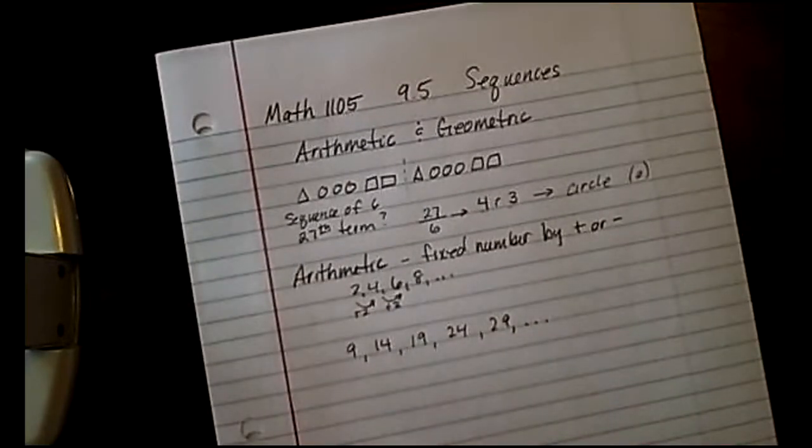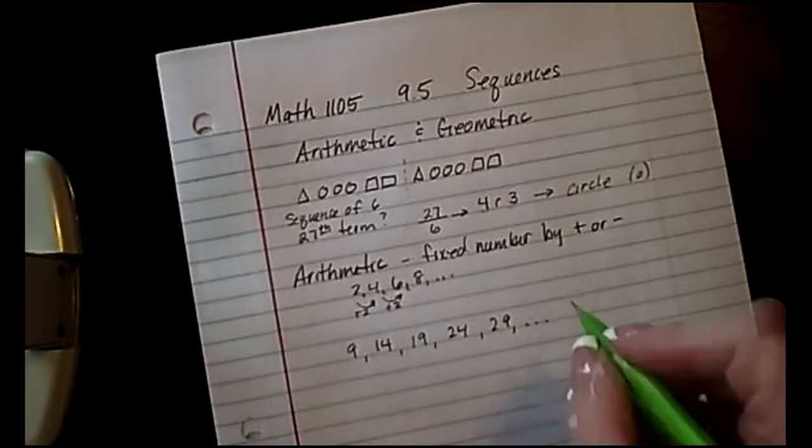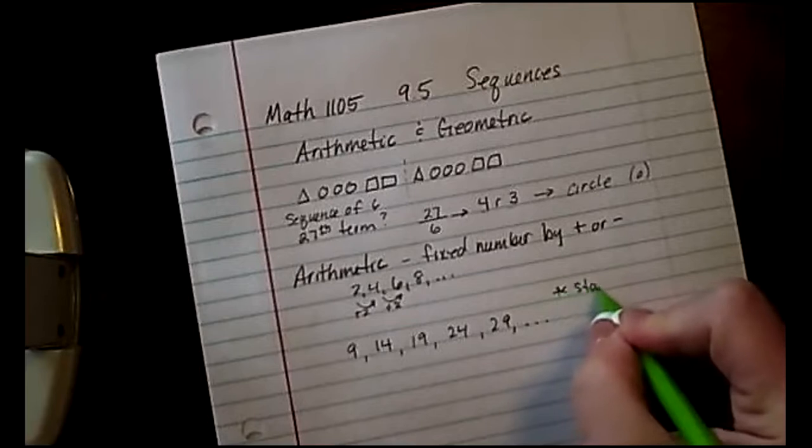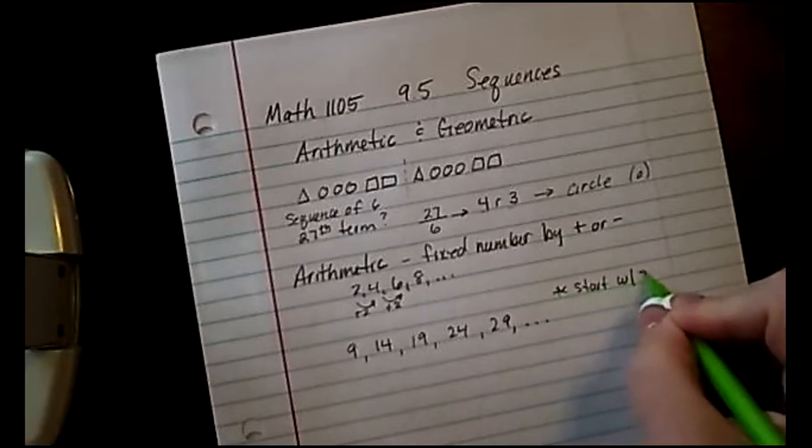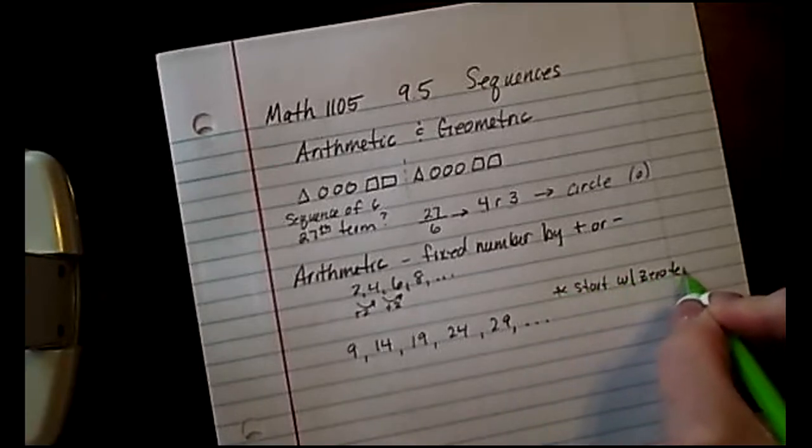Okay. So when we deal with an arithmetic series and we want to find what this pattern is, because we're going to put it into an equation of y in terms of x, we always start with the zero term. And that's really important. So make a note that we always are going to start with the zero term.